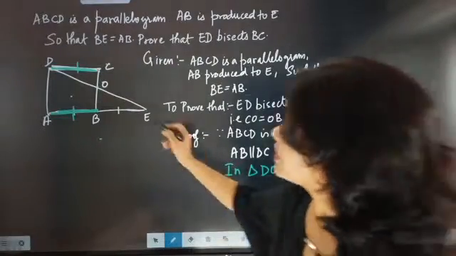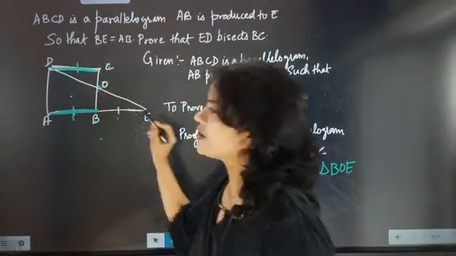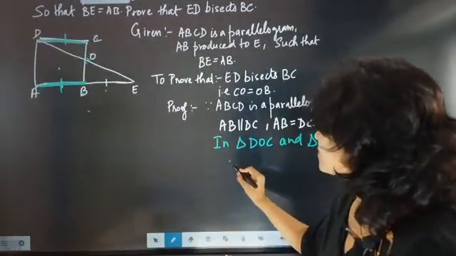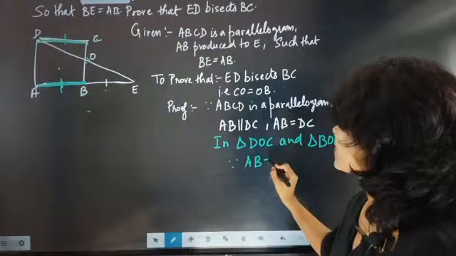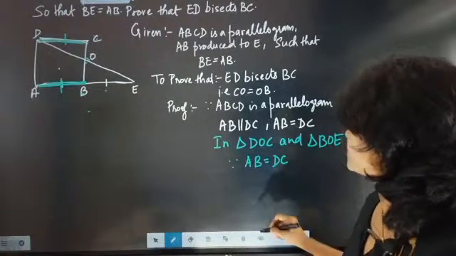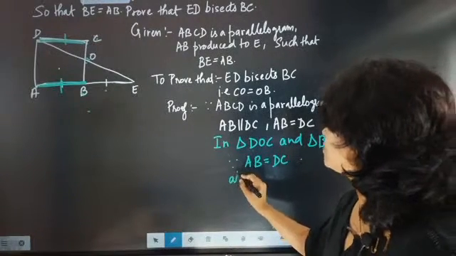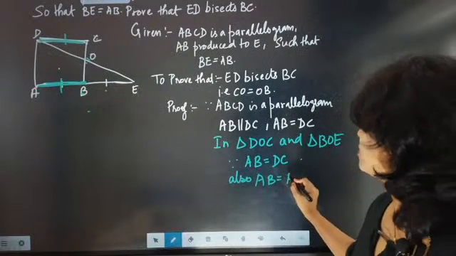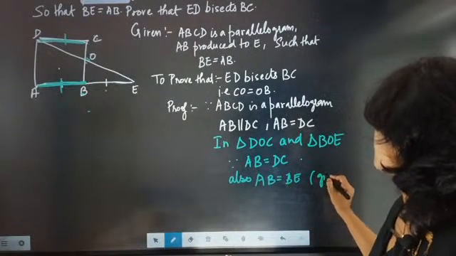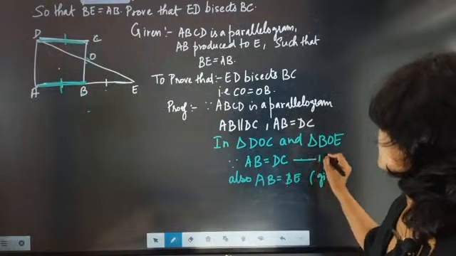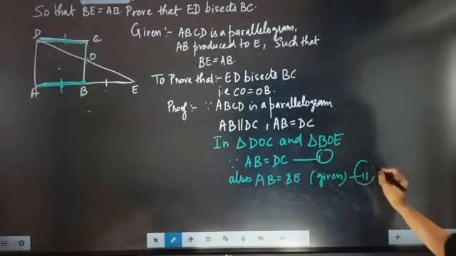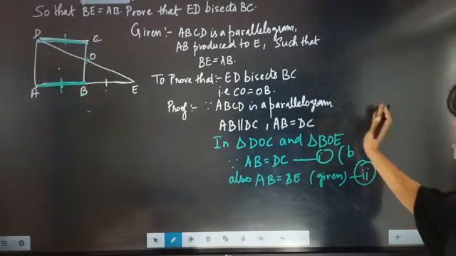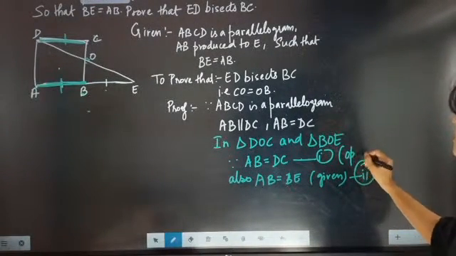So in triangle DOC and triangle BOE, first thing, we are going to say that AB equal to DC by property of parallelogram, opposite sides of a parallelogram are equal.